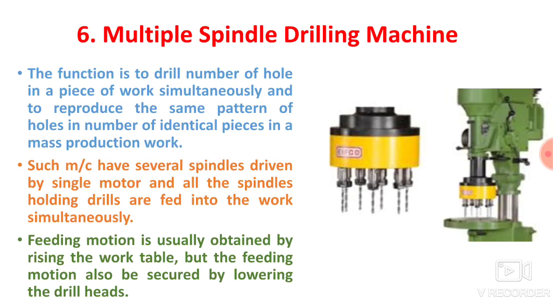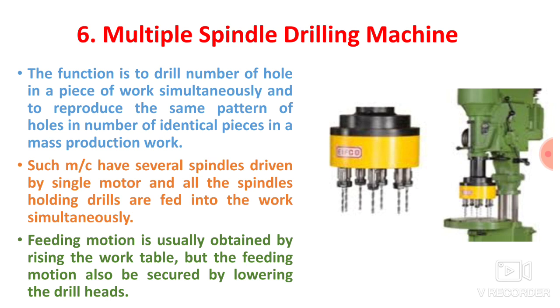Okay. Now the next type, that is the multiple spindle drilling machine. The function is to drill a number of holes in a piece of work simultaneously and to reproduce the same pattern of holes in a number of identical pieces in mass production work. So in a multiple spindle drilling machine, all the spindles rotate with a common speed and all give the same feed.